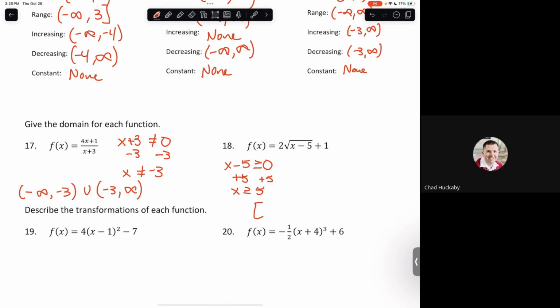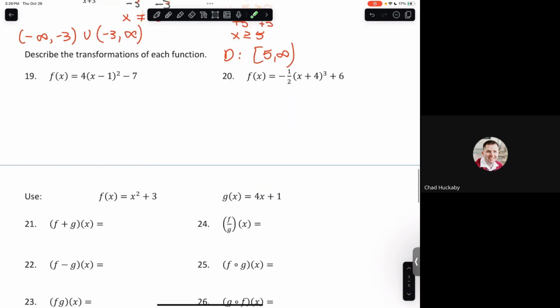In interval notation, that domain is from 5 to infinity, including 5. So you have to have this bracket here. That has to be in there, because if you have 5 minus 5 is 0, you can take the square root of 0. That's perfectly legal.